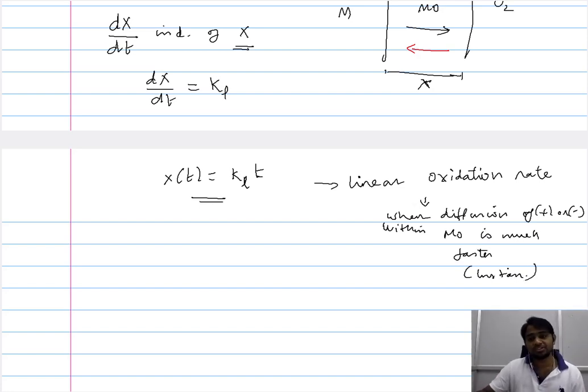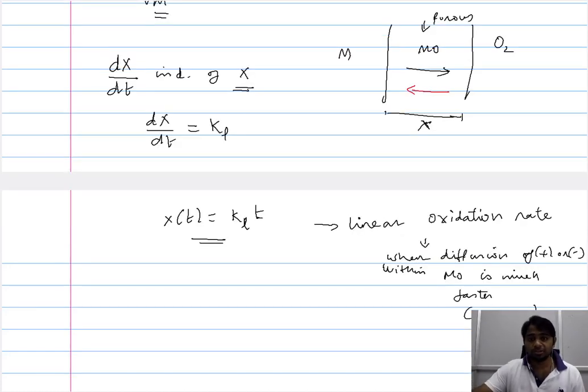In this condition, you have a linear oxidation rate. What it means is that the rate of the oxidation is not dependent on the thickness of the metal oxide, and the thickness of the metal oxide at a given time t is linearly proportional to the time, and the constant of proportionality is the KL term here.